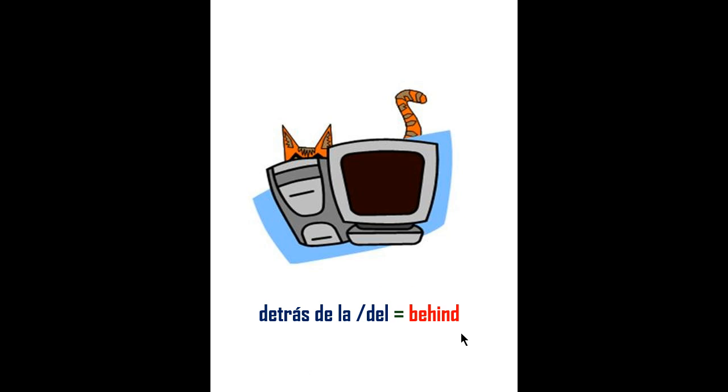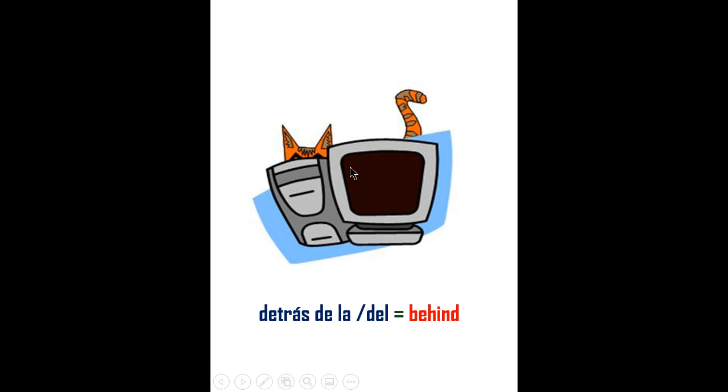To say that something is behind, once again, detrás means behind. To say of the, which form you use is dependent on whether the noun that follows is feminine or masculine.